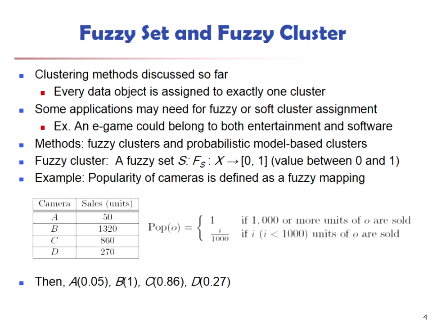Very good. In the previous methods, k-means for example, or k-medoids, one object belongs to only one cluster. But here, using fuzzy sets or fuzzy clusters, we can define the participation of an object in many clusters.